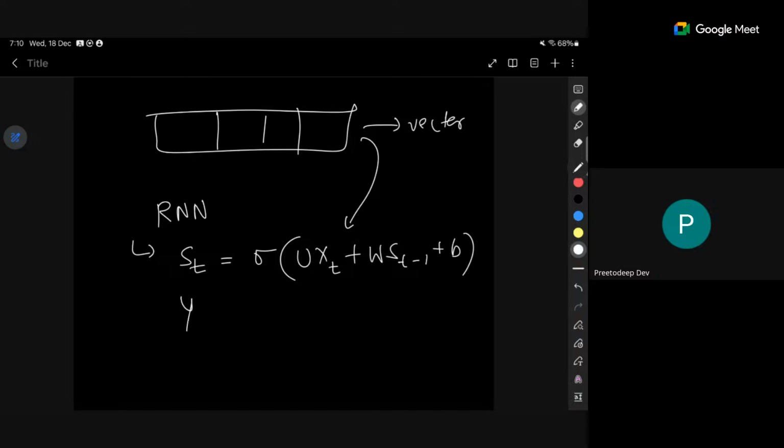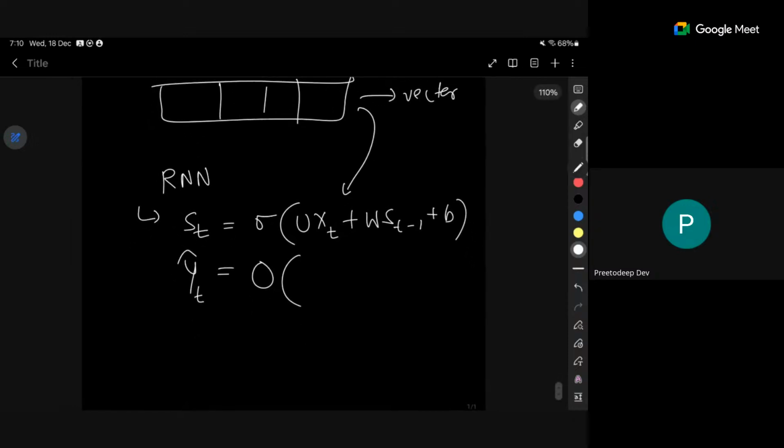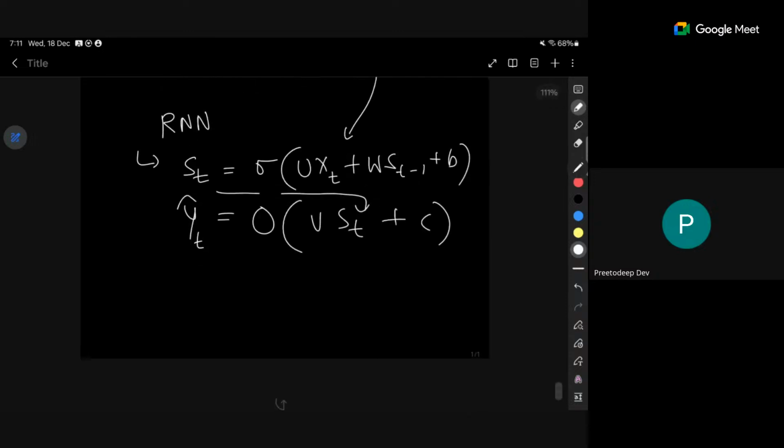Then we predict from this, y hat at t, at each timestamp we are going to predict. We'll use some kind of activation, but most likely it is softmax only, and we use V here and the current state, and we use c as a constant. So this is just the equation.